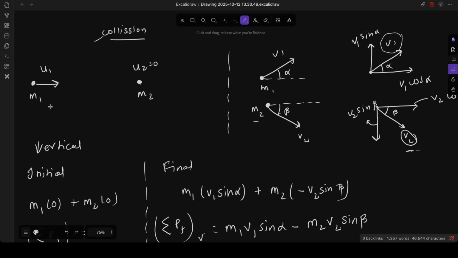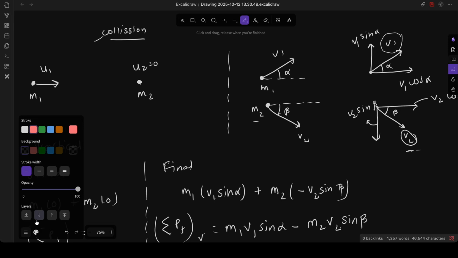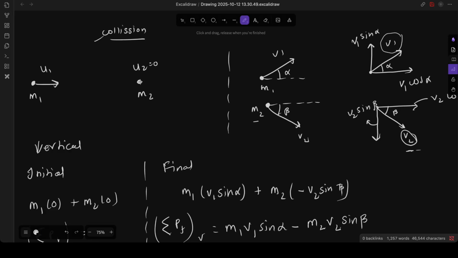So this is how you can use the momentum concept in two dimensions. I'll just quickly take you through something like this. I have made it very simple here. There might be a chance that even in the initial part there will be some velocity having horizontal and vertical components. For example, let me add it. This velocity u2 was not 0; it was like this.